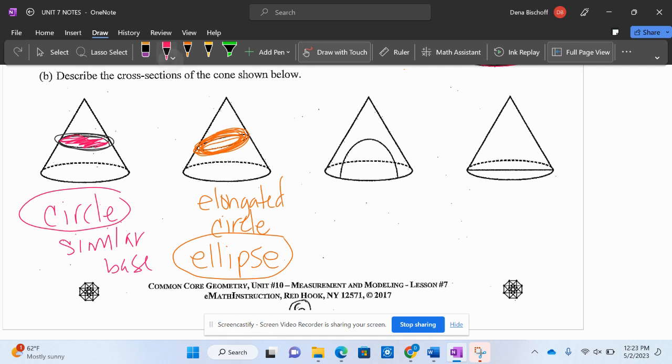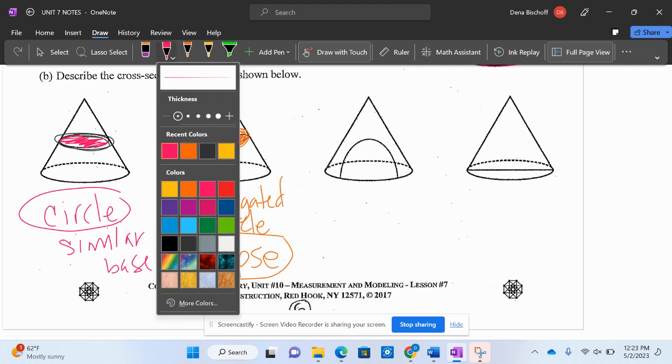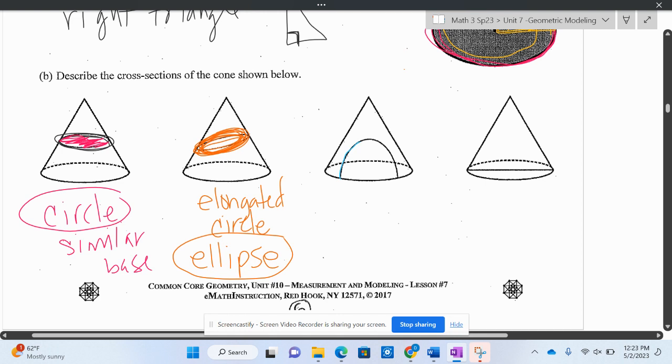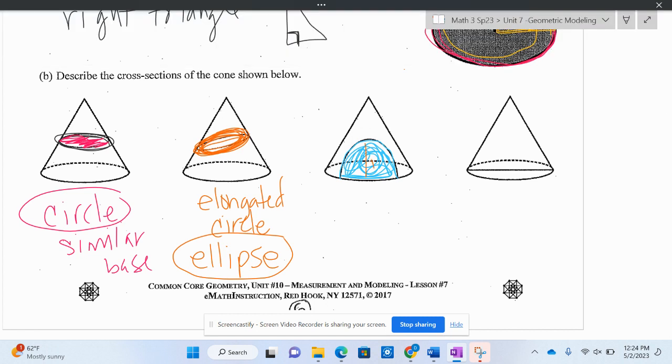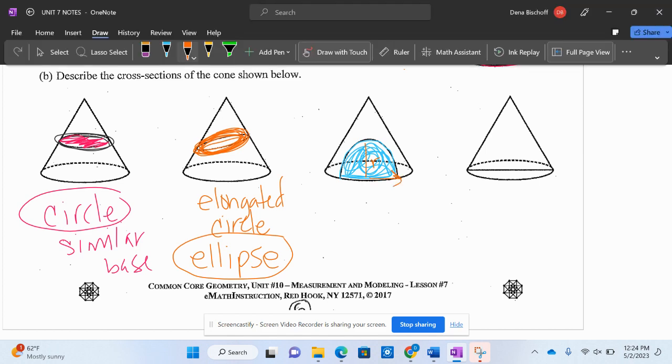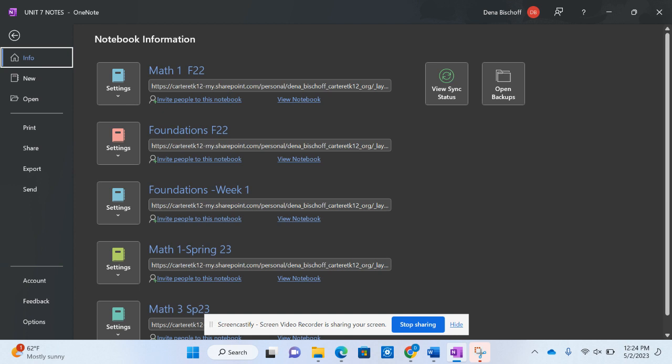Okay. What about this next shape right here? If I were just to take my cone and cut this chunk out, what shape does that make? It's not necessarily a semicircle because the radius here is much bigger than this, right? You don't have the same dimension. It's not a triangle.